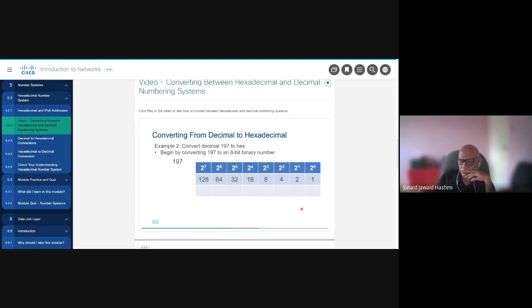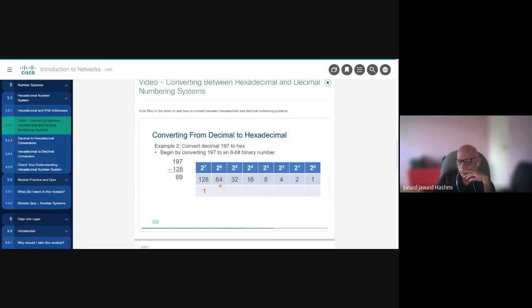I'll begin by writing 197 on the left side, and starting at the left, if the place value is equal to or less than this number, I'll put a 1 under it and subtract it, and if it's greater, I'll put a 0 under it and move to the next place value. Since I can subtract 128 from 197, I'll put a 1 under it and subtract it, and that gives me 69.